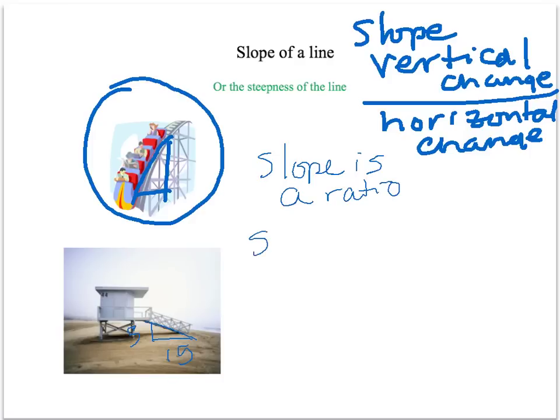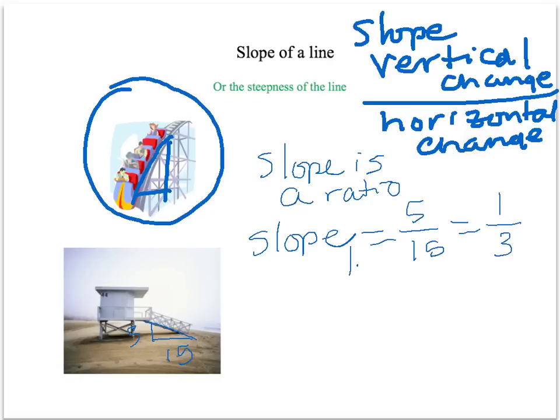So the slope of this ramp would be 5 over 15, or it could be reduced to 1 over 3. So the slope of this line is 1/3.